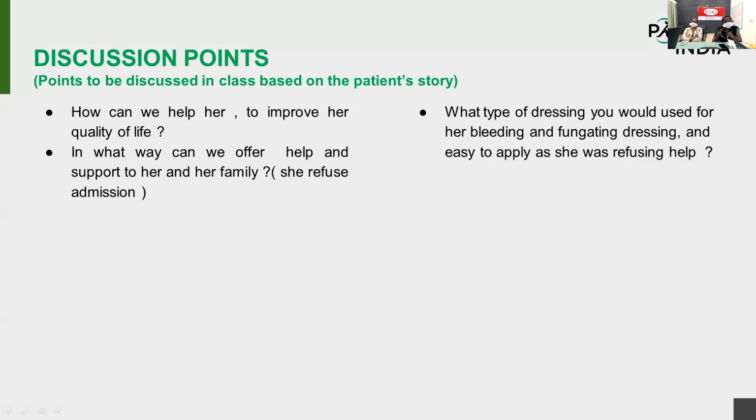That way the physical symptoms will subside a little bit, and then we can move on to the psychological, social, and spiritual parts. Once the physical symptoms are controlled, we are able to take care of the other parts. That is why we manage it here. Maximum we try to control their physical symptoms first, and then we move on to the psychological part.